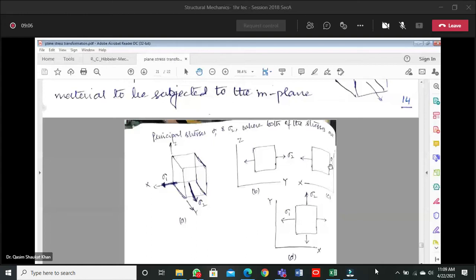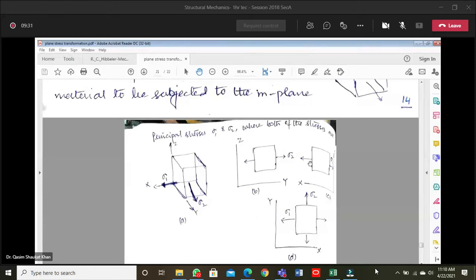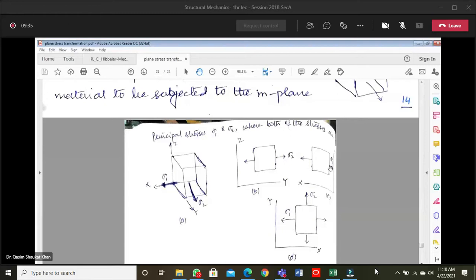Along the x-axis, sigma 1 will cause elongation. In the xy plane, I have sigma 1 along x. All these stresses are tensile. They are going to produce extension or elongation in the element.